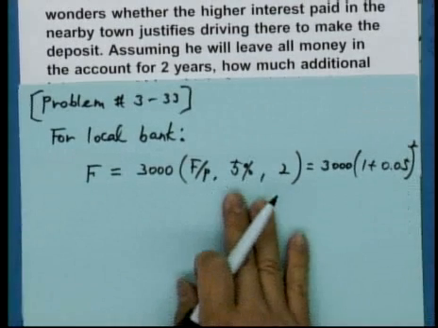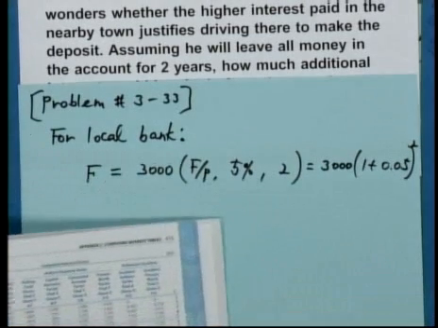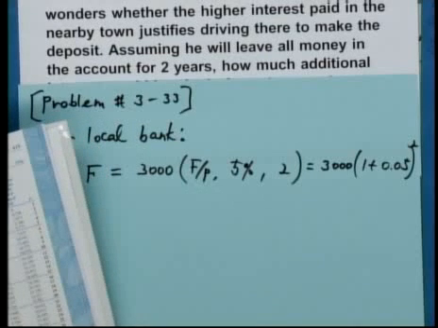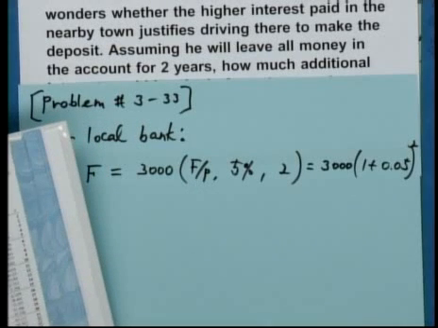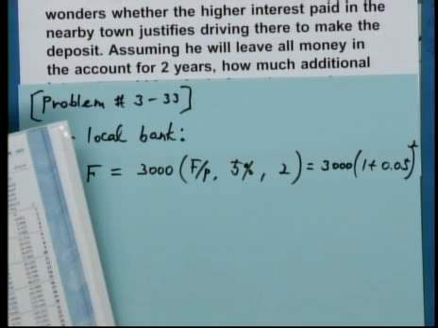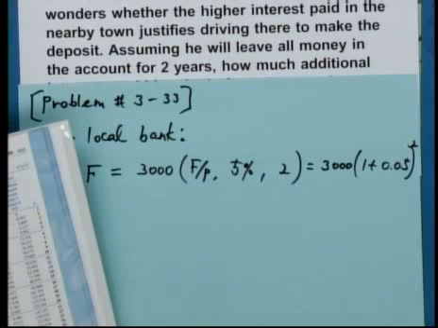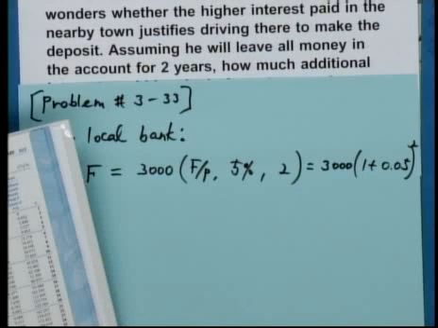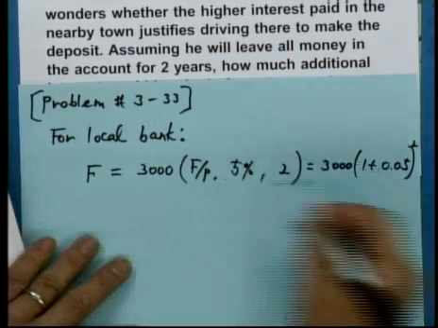And let's get this table value. The compound amount factor at 2% is given in page number 602, and the value is 1.040.